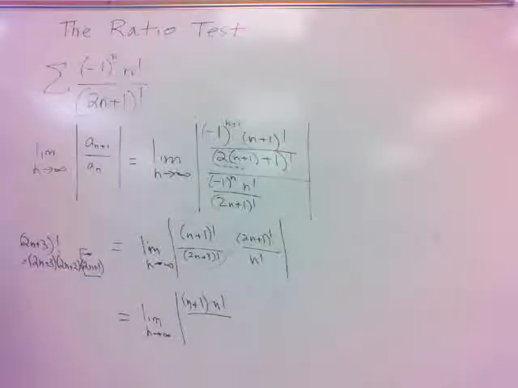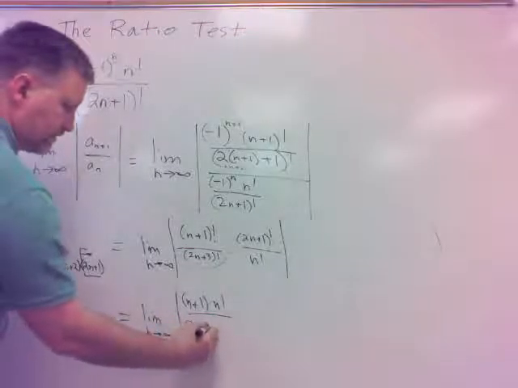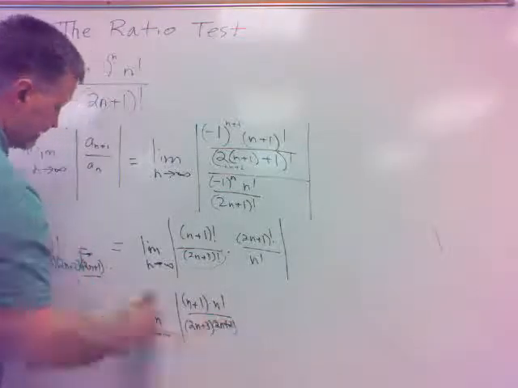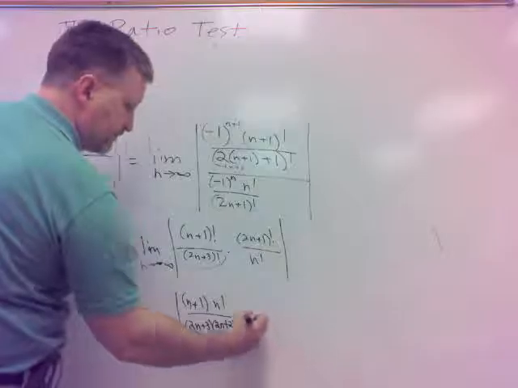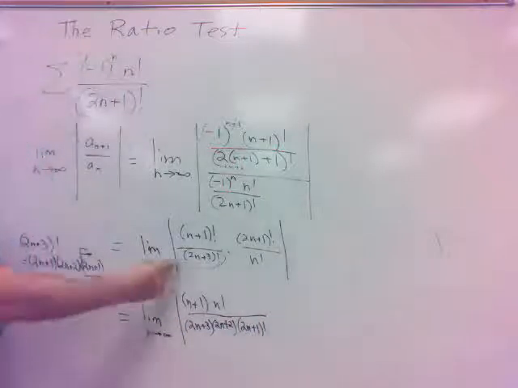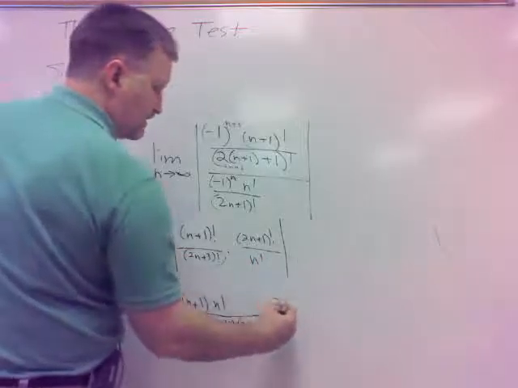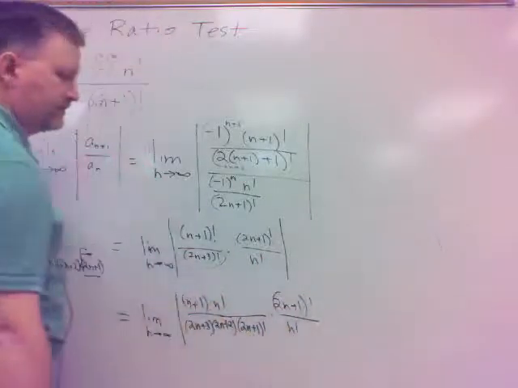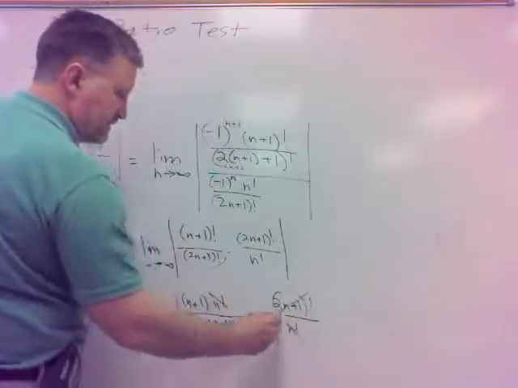So (2n plus 3) factorial is (2n plus 3) times (2n plus 2) times (2n plus 1) factorial. That is another way we could write (2n plus 3) factorial. All right, so then we've got (2n plus 1) factorial over n factorial. Nice things cancel here. Factorials gone.